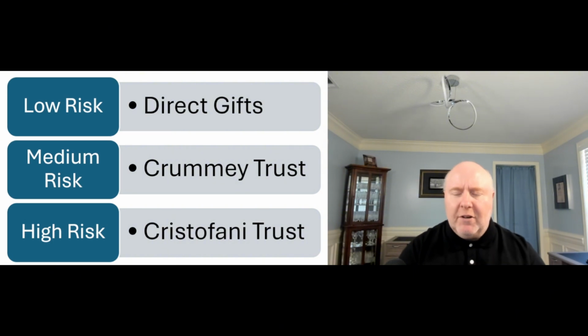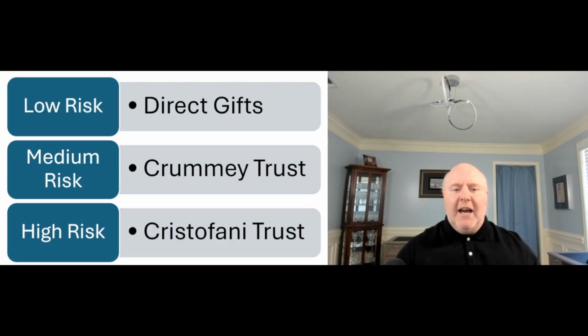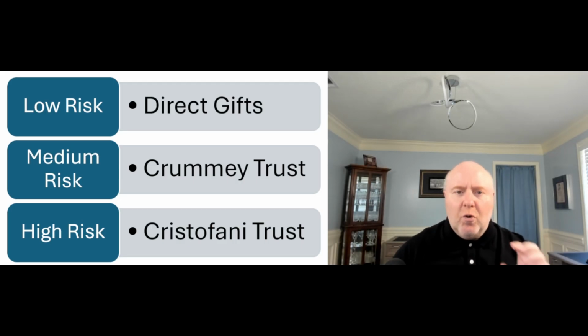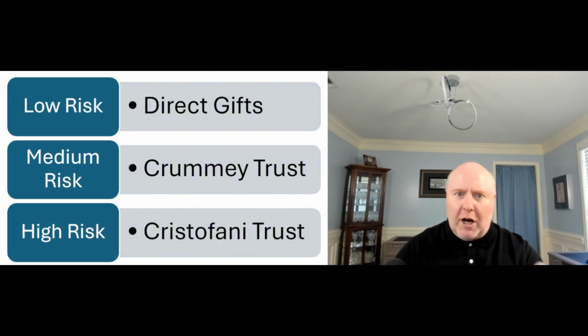But then when you get to the Cristofani trust, it's extremely high risk. This is where the IRS is going to really try to determine whether this was a legit type of transfer, and they may contest it, they may audit it. They're going to want to make sure, particularly, that those contingent beneficiaries are going to have that withdrawal right window.